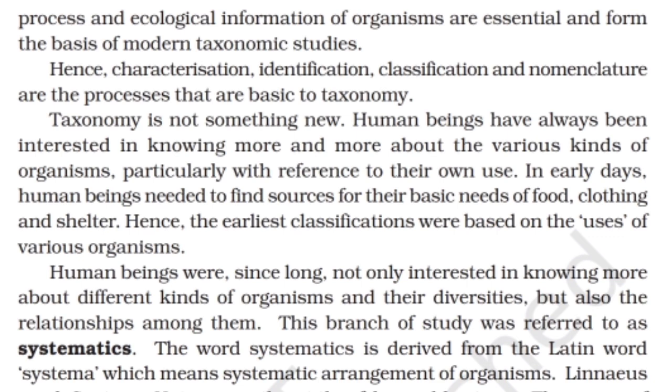Human beings were since long not only interested in knowing more about different kinds of organisms and their diversities, but also the relationship among them. This branch of study was referred to as systematics. The word systematics is derived from the Latin word systema, which means systematic arrangement of organisms.